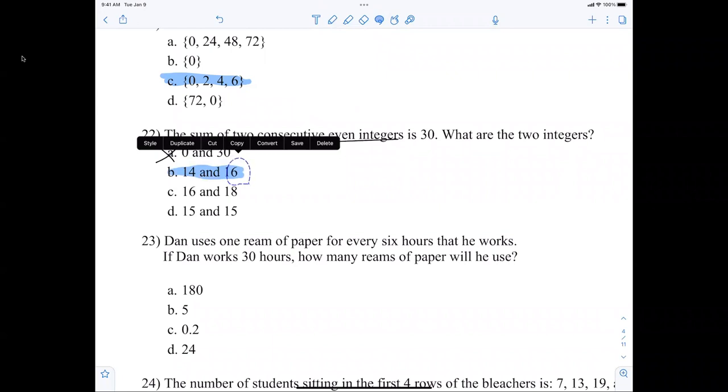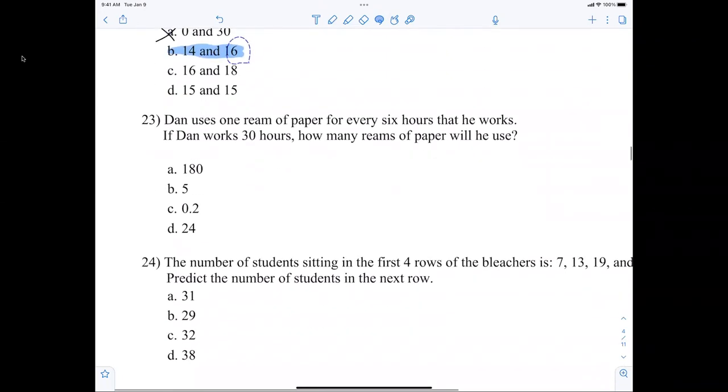All right. So now, Dan uses 1 ream of paper for every 6 hours that he works. If Dan works for 30 hours, how many reams of paper will he use? How many? Because he uses what?